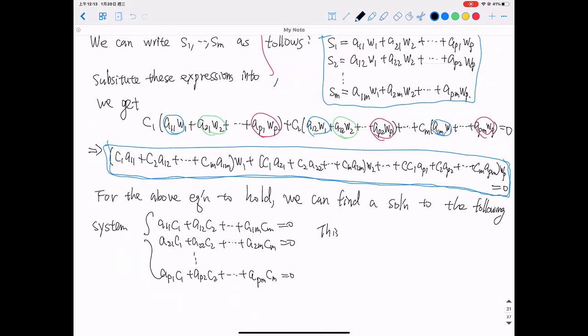So this is a homogeneous system with unknowns C1 through Cm and P equations.